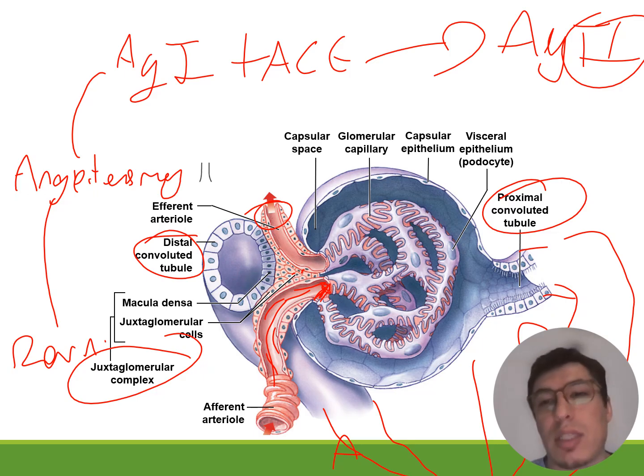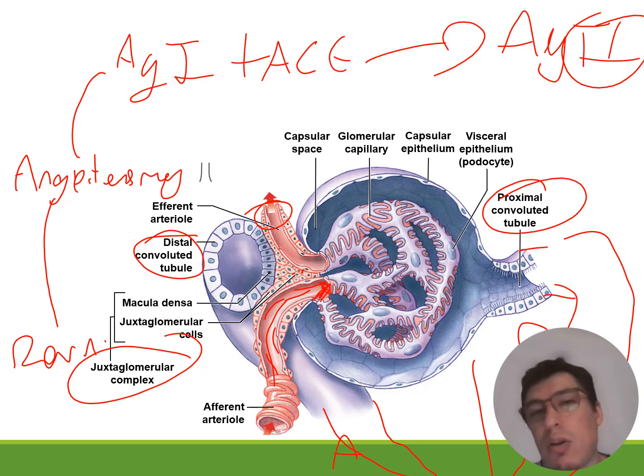It will also increase aldosterone from the adrenal cortex, so that way we can increase blood volume. Remember that aldosterone acts on which section of the nephron? Okay, just remember that it is acting on the distal convoluted tubule, and that aldosterone is increasing sodium reabsorption so we can pull more water.